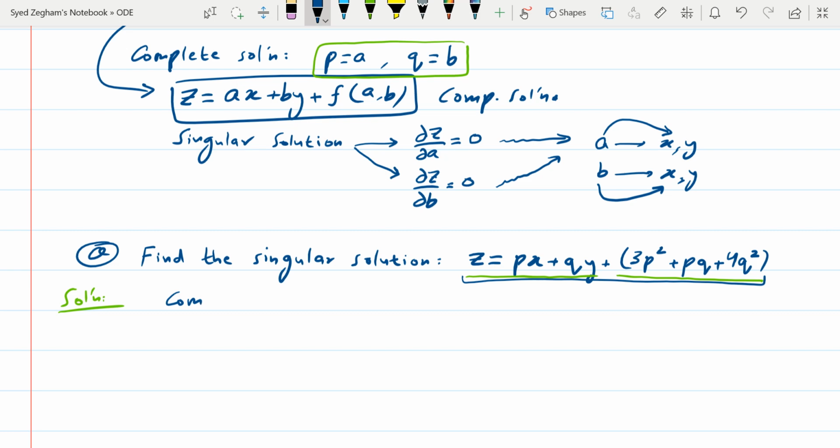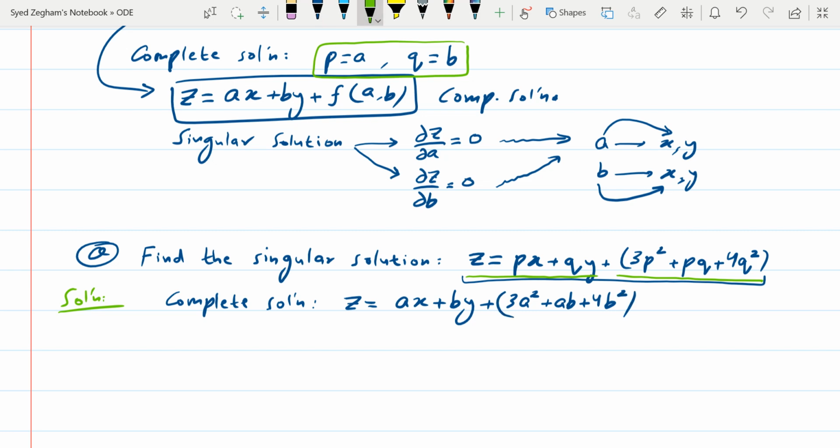Therefore, the complete solution will be obtained as z is equal to ax plus by plus 3a square plus ab plus 4b square.